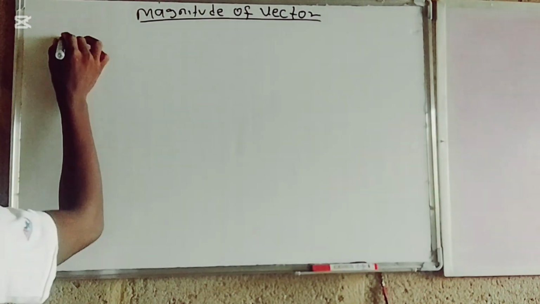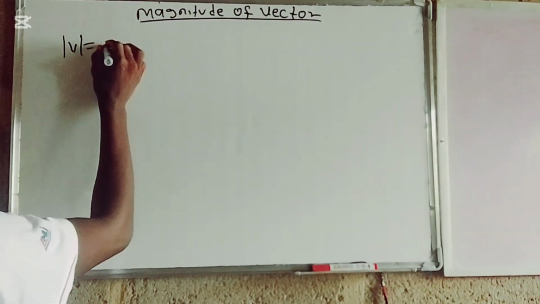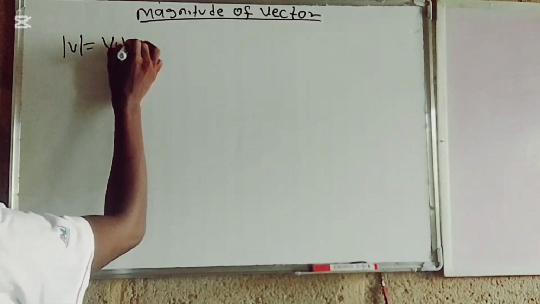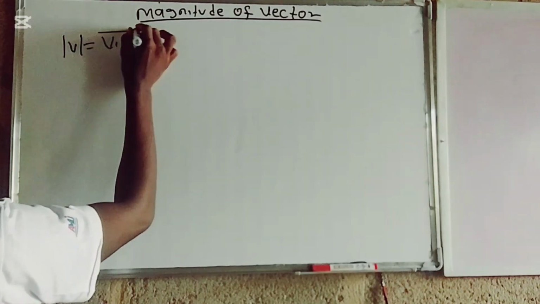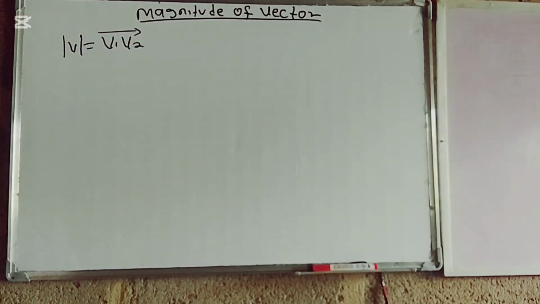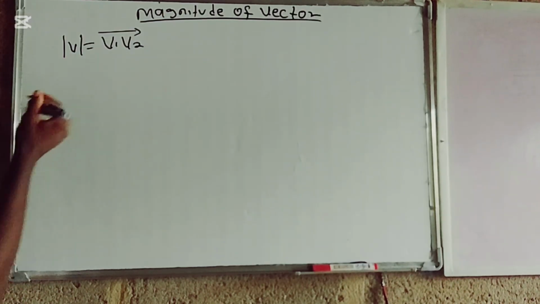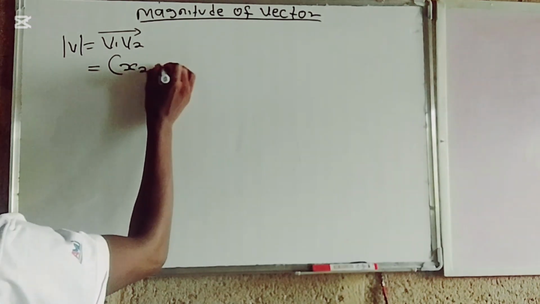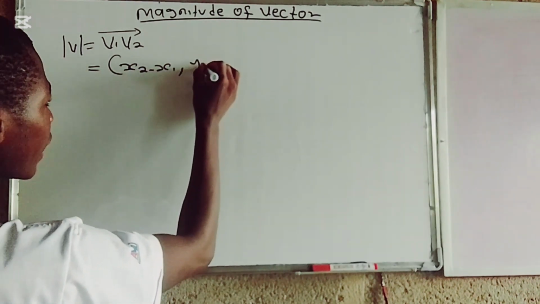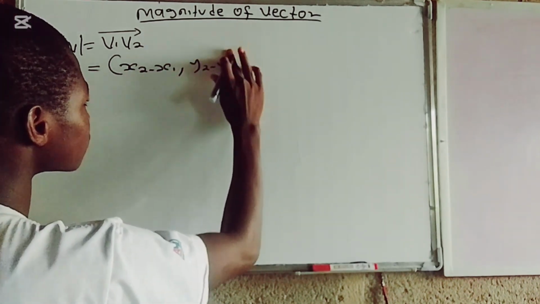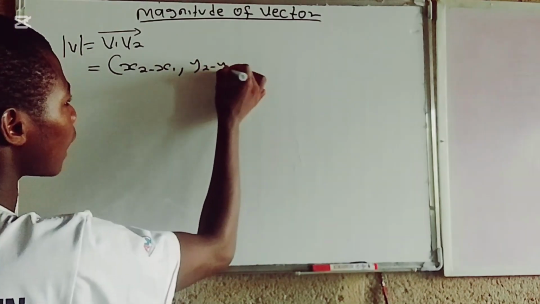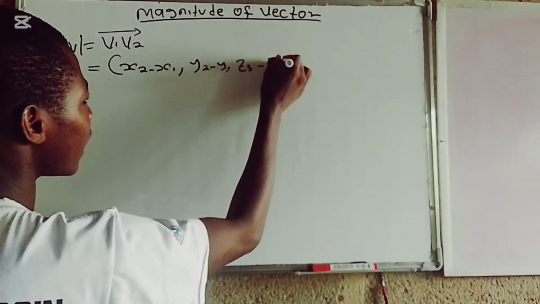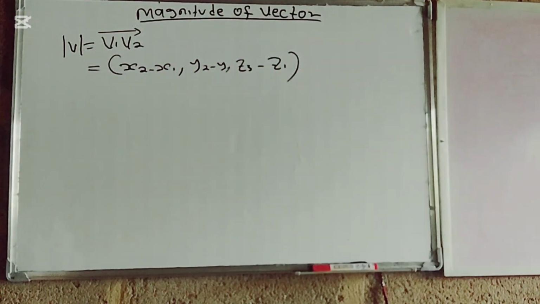Suppose I'm asked to find the magnitude of a vector between v1 and v2. To find the magnitude of this vector is the same thing as saying x2 minus x1, y2 minus y1, and z2 minus z1.